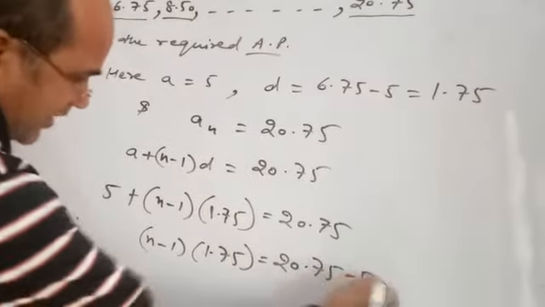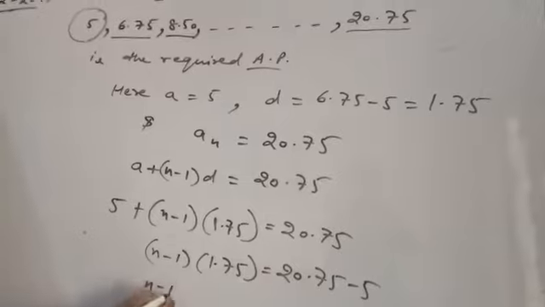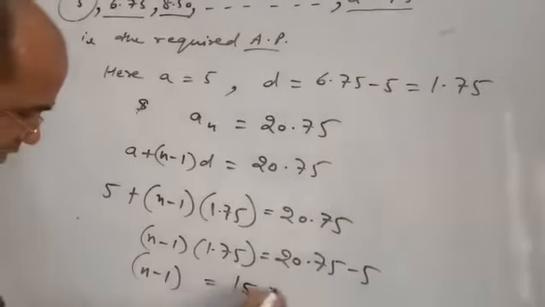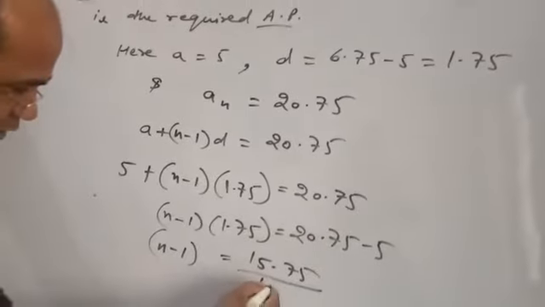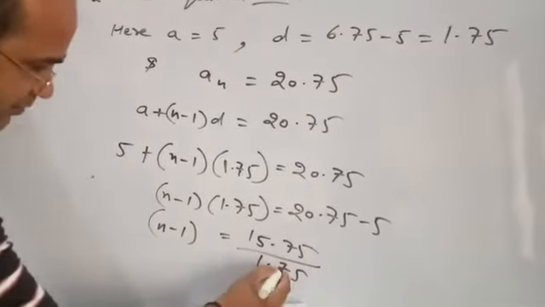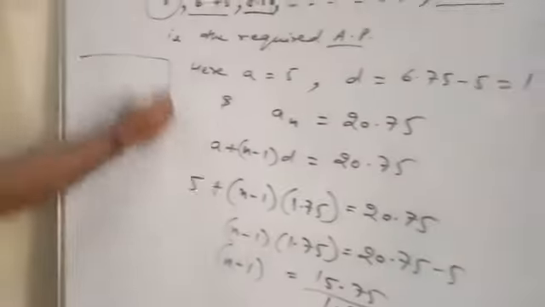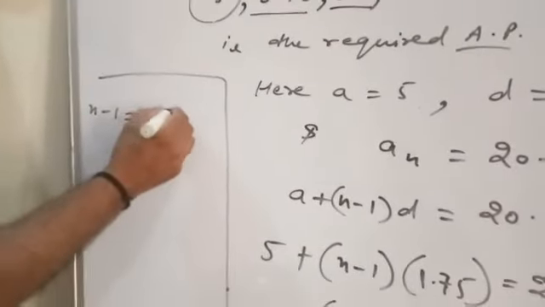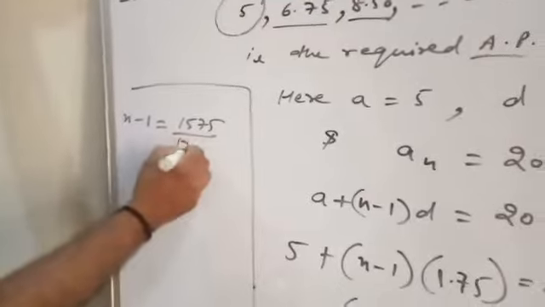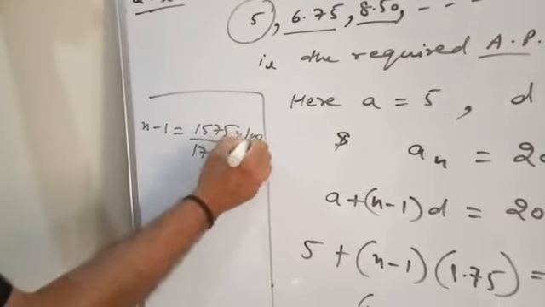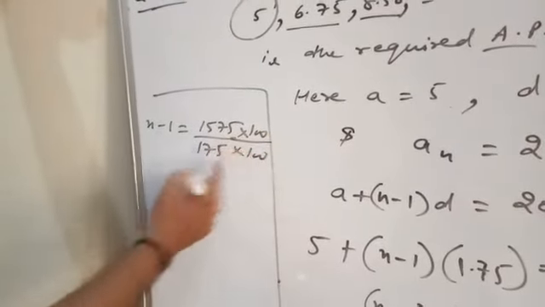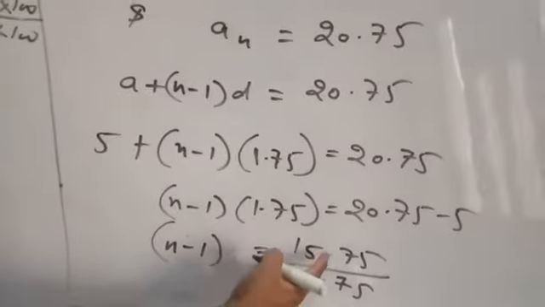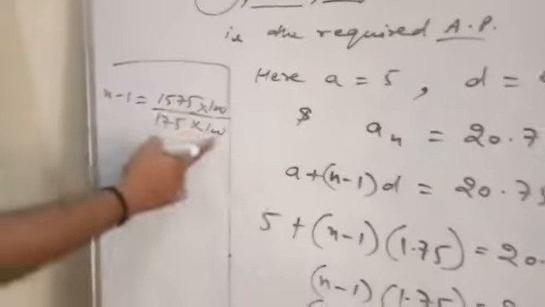20.75 minus 5, n minus 1 equals 15.75 upon 1.75. N minus 1 equals 1575 upon 175, into 100 upon 100. Why this 100? Because here there are decimals, so in the denominator.